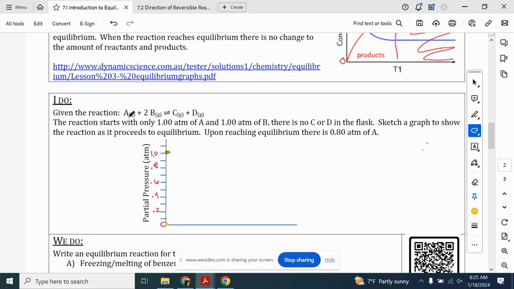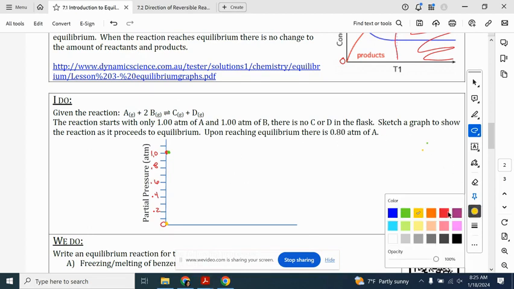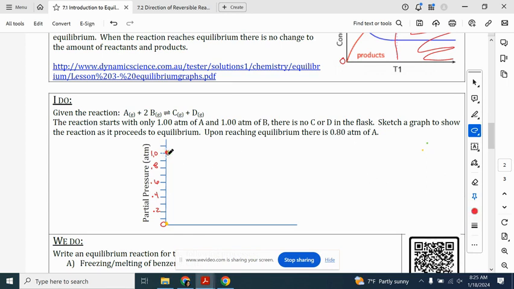All right. So A is going to get used up, and I'm going to end up with 0.8 of it. So I'm going to start with my A, and that was red. I'm going to start here, and I'm going to go down and down until I can get a parallel line here with 0.8. Okay.